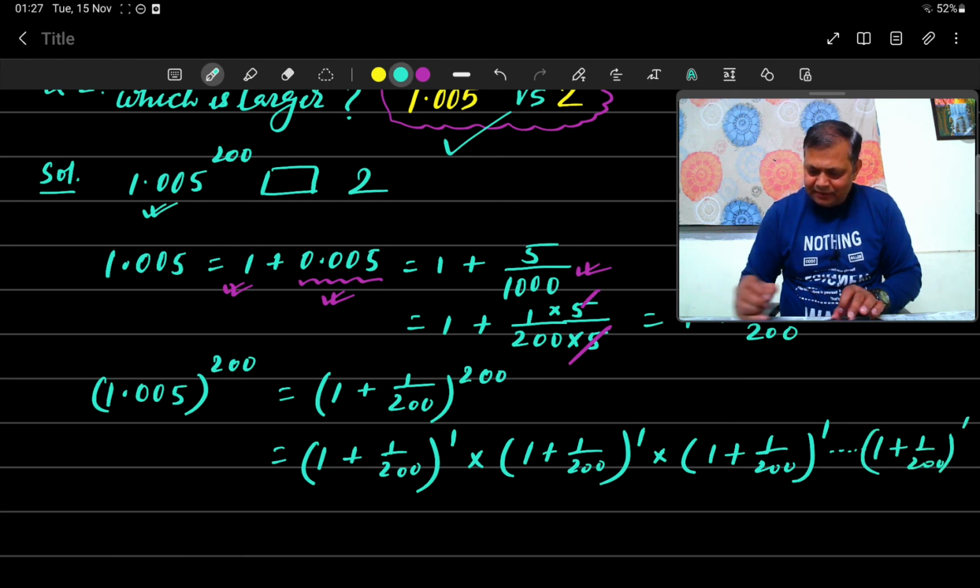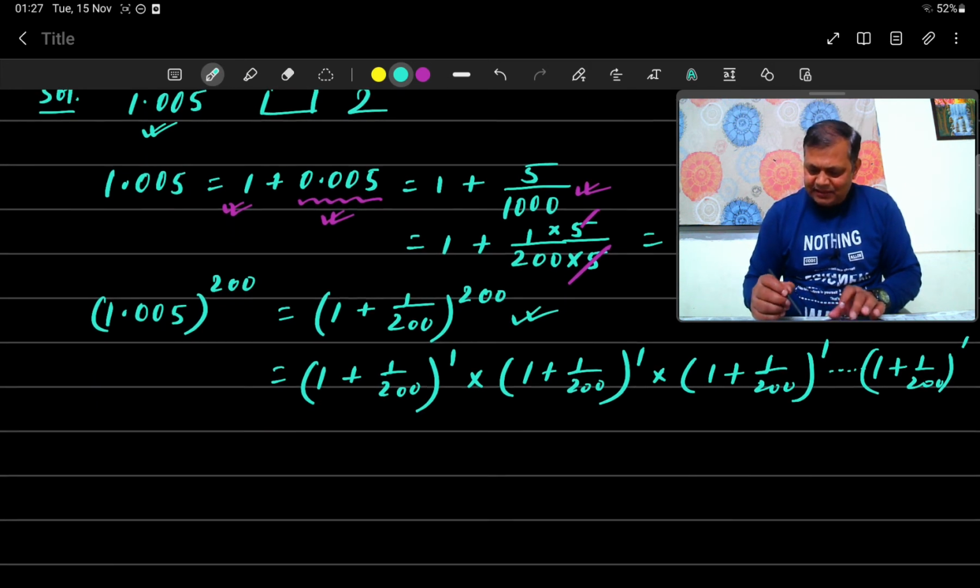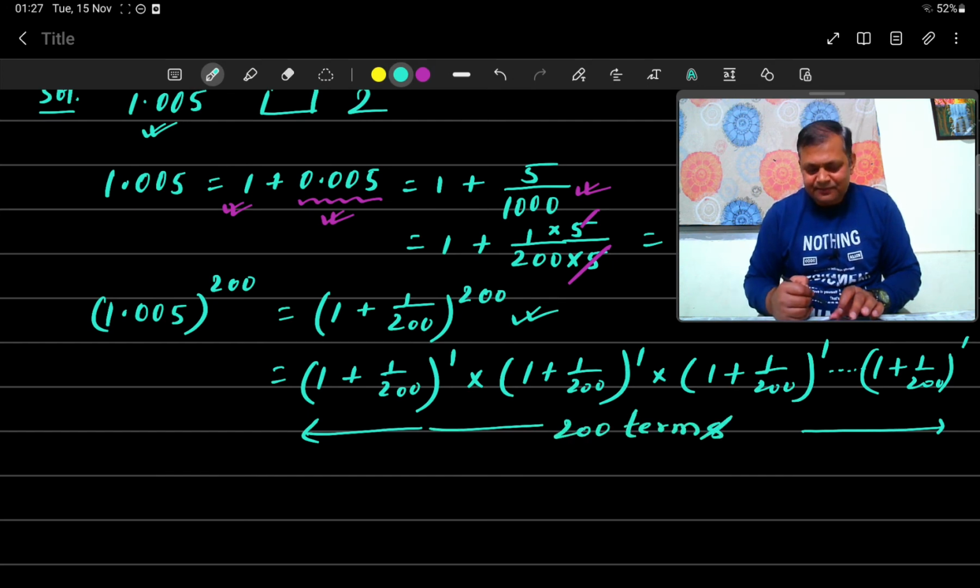So you have to split this into 200 separate factors. From here to the last there will be 200 terms. Now just keep this here as equation number 1.